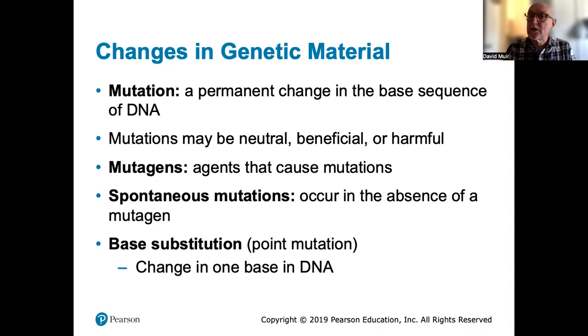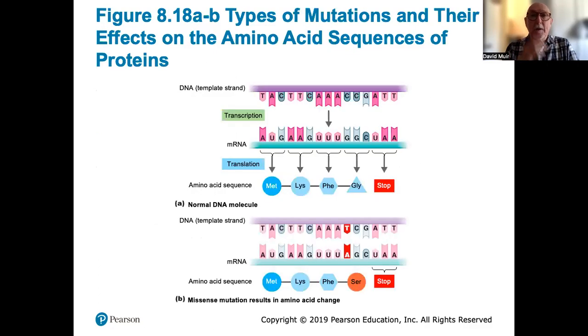Most commonly, mutations arise as a point mutation. So let's have a look at the different kinds of mutations. The first one is called a missense mutation.